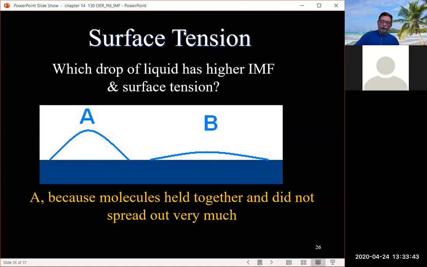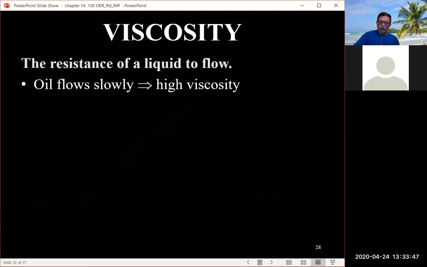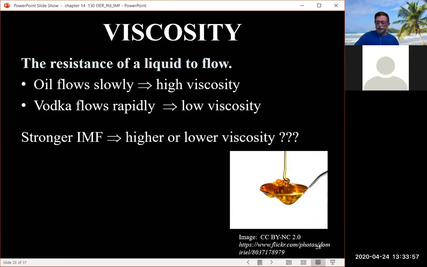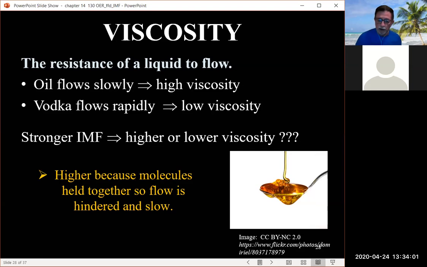We're doing a relative kind of comparison. Viscosity: oil flows slowly, high viscosity. Vodka flows fairly rapidly, low viscosity, okay? Again, stronger IMFs will have a higher viscosity, for the same reasoning.